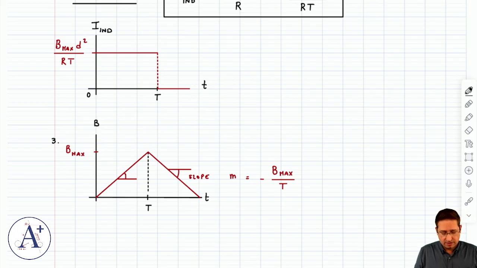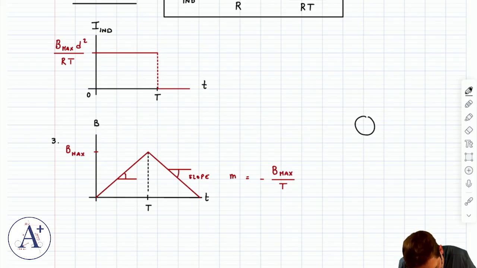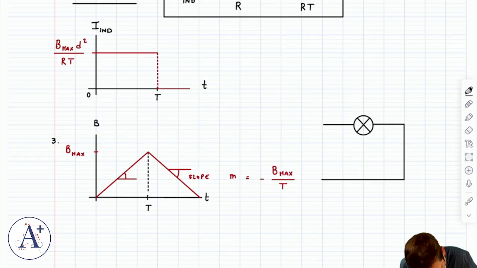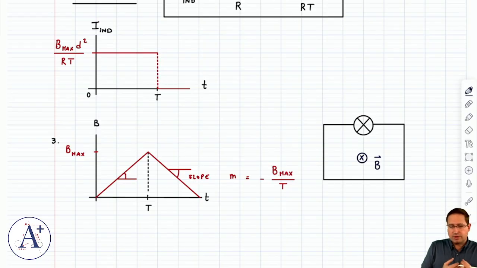Okay, now what happens if that is the case? Let's very quickly draw our circuit over here to match that. B is not going to change direction, just so we're clear. We're just saying that the magnitude of B after it peaks drops back to 0, but that does not mean that B stops pointing into the page. In fact, B at all times points into the page. But now the magnetic flux into the page decreases with time because the magnitude of B drops.